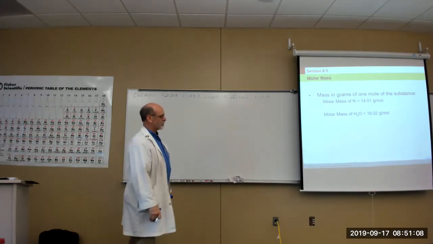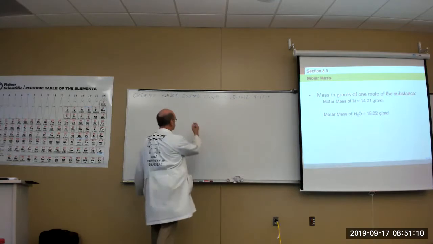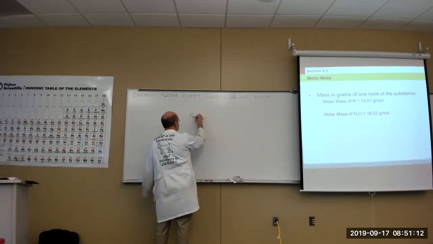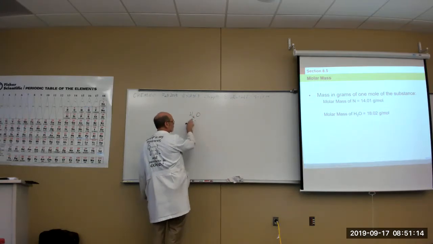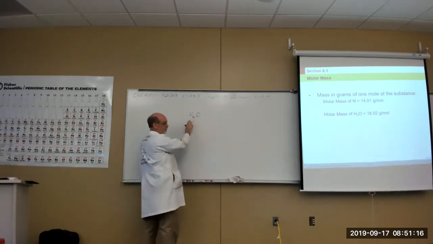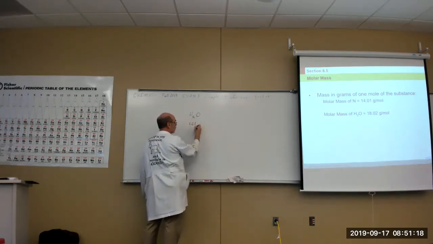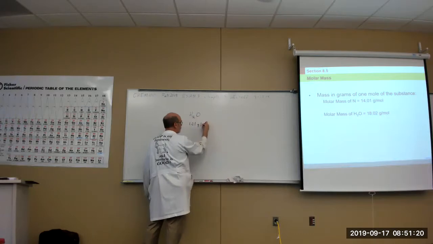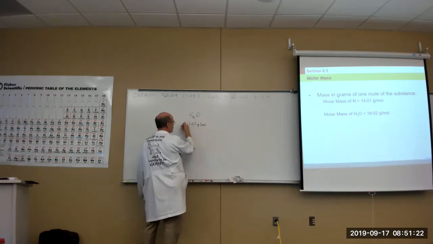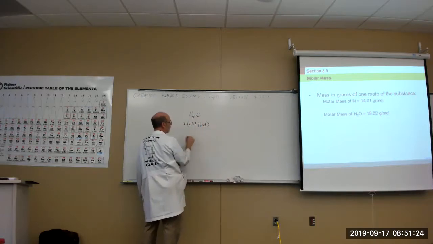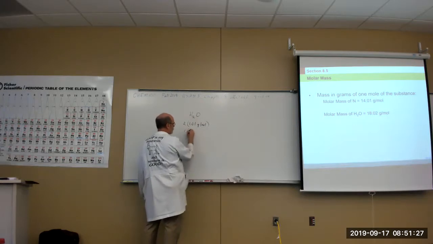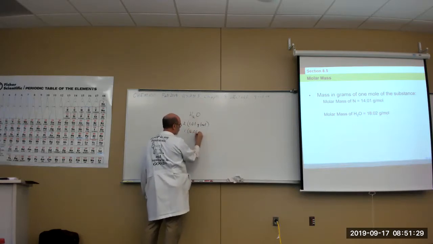Yeah. So the molar mass of water, H2O, is just 2 hydrogens. Each hydrogen is 1.01 grams per mole, but you've got 2 of them, and 1 oxygen is 16, rounded off.